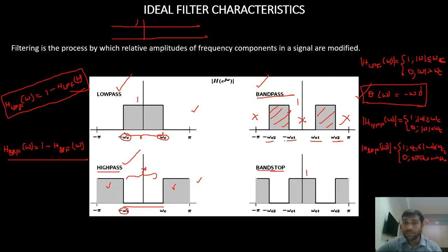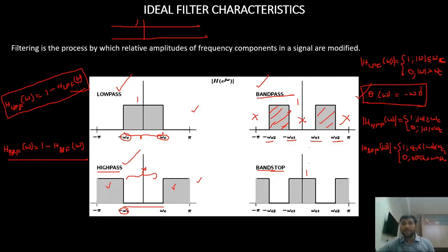These two cutoff frequencies define the limits of my pass band. Omega C1 and omega C2 are the limits of my pass band. All frequencies in between these two cutoff frequencies will be passed through, and outside these cutoff frequencies, everything is rejected.